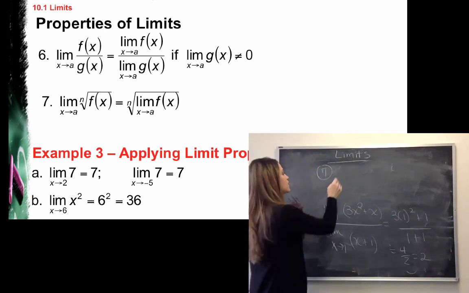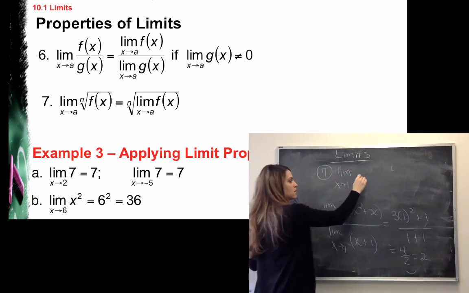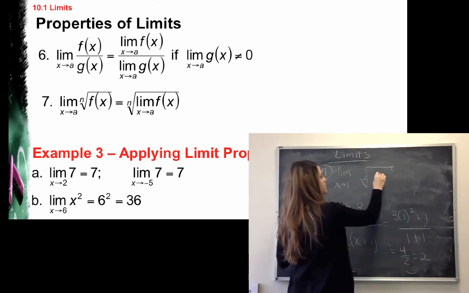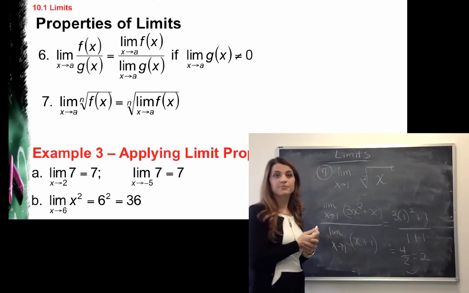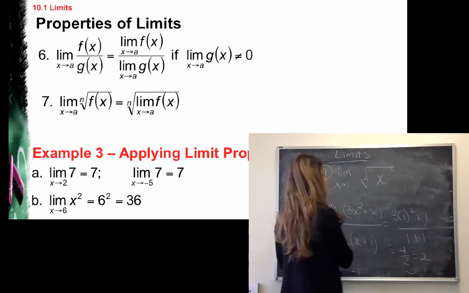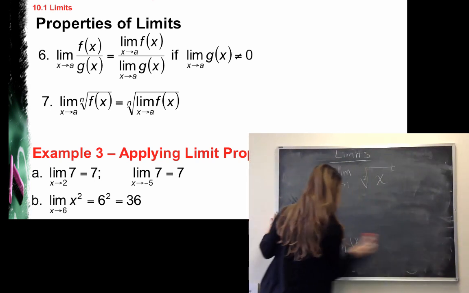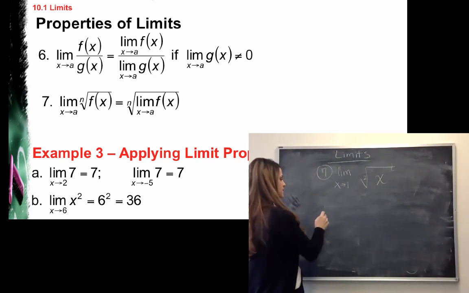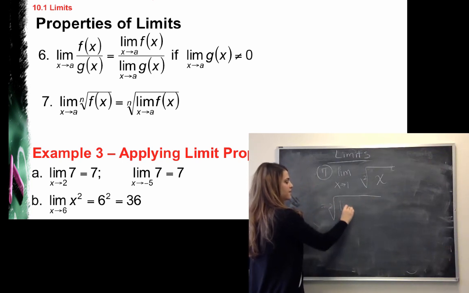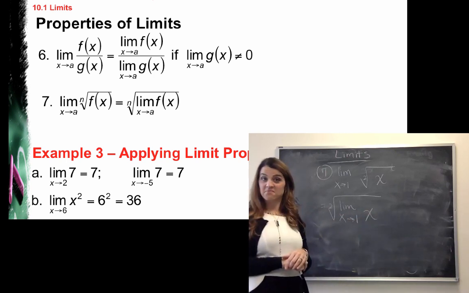So if we had the limit as x approaches 1 of the square root of x, that's the same thing as you taking the square root of the limit as x approaches 1 of x.